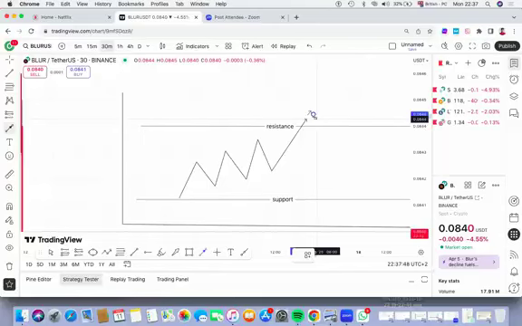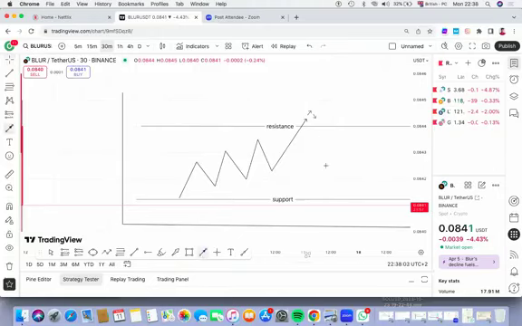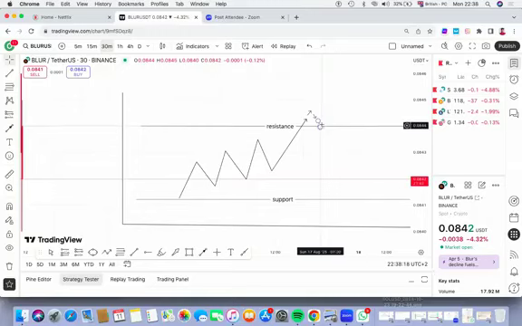But this will be our confirmation that the market has actually broken, when we see at least 1, 2, 3 candles that have broken out of it. Market has to come back and retest this level before we can take our entry, okay?